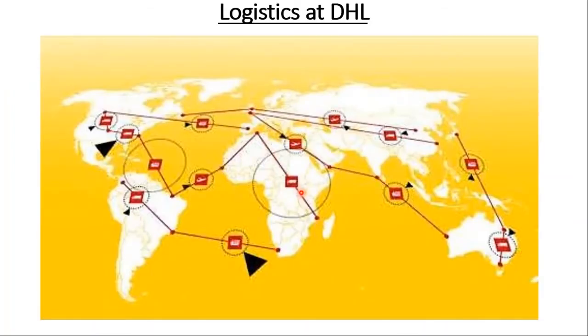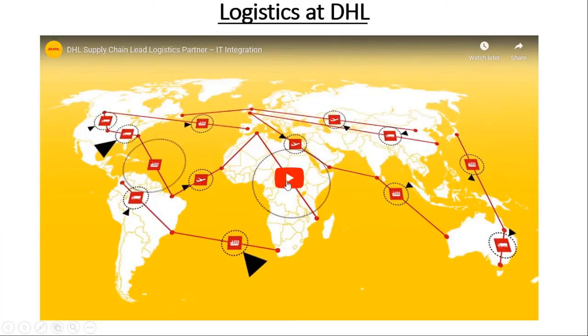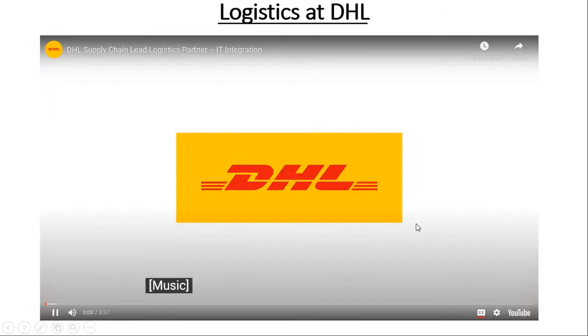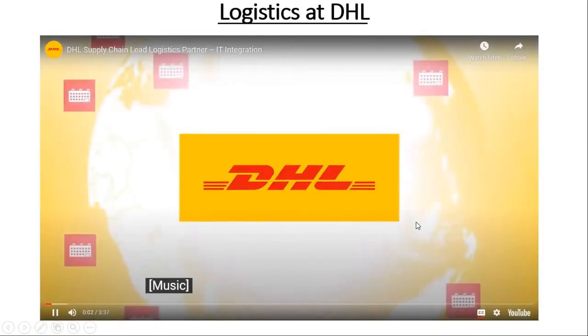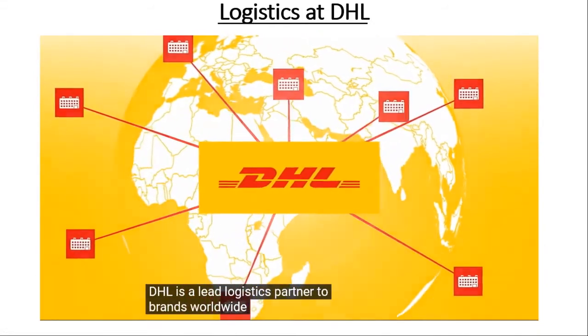Exactly, let's look at what logistics looks like at DHL, right? The first one was about supply chain. Now let's look at the modes and how DHL works on its logistics. DHL is a lead logistics partner to brands worldwide.